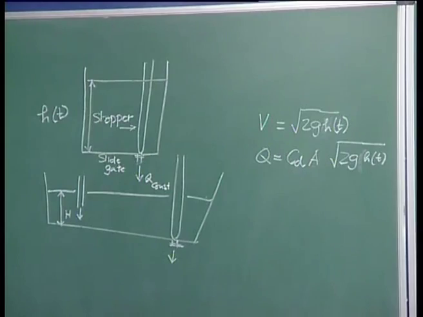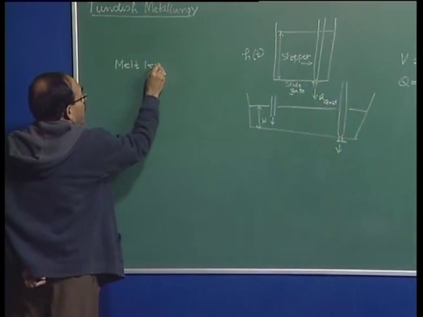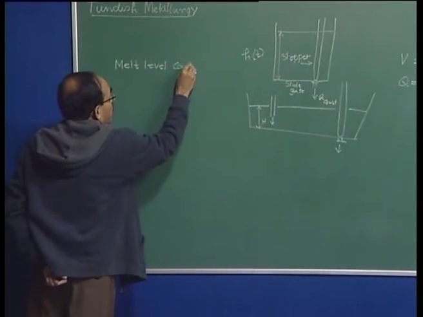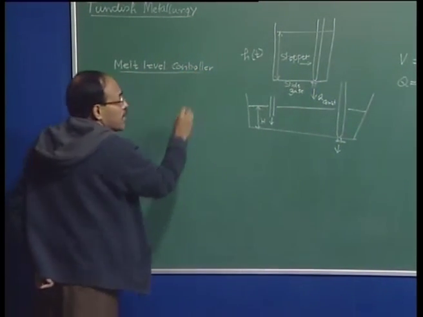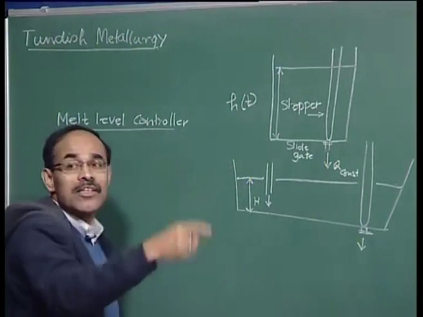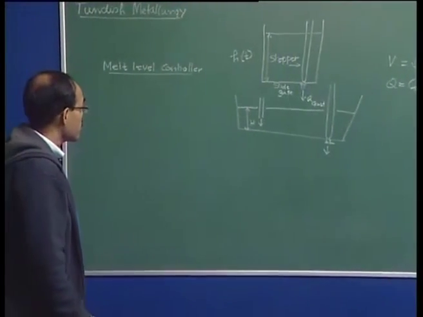So, we have a small process control here, which we call a melt level controller, that is there in steel making, and the purpose of this melt level controller is to supply molten metal to the downstream reactor at a constant rate.